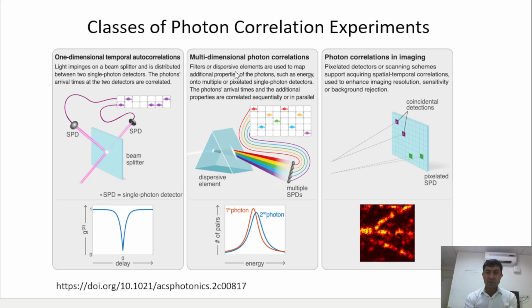In multidimensional correlations, multiple single photon detectors are used, as we can see here, to allow parallel detection along another dimension such as energy. Due to replacement of the beam splitter in the first case with dispersive elements, the optical setup became simpler, and there is reduced signal loss.